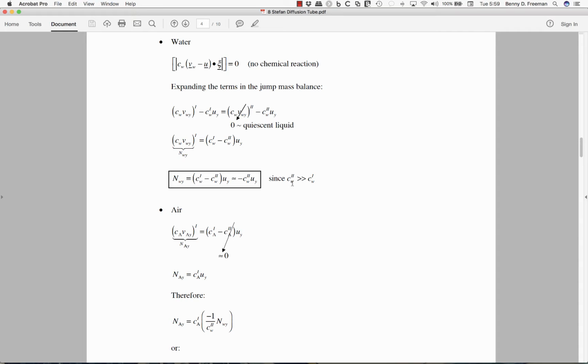And this is under the assumption again that the concentration of water in the liquid phase is much greater than it is in the gas phase.